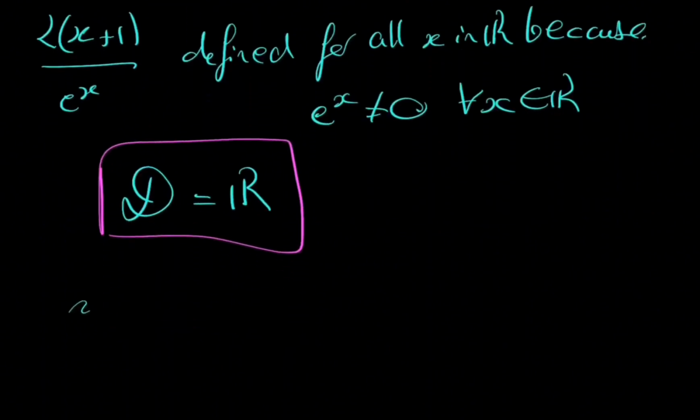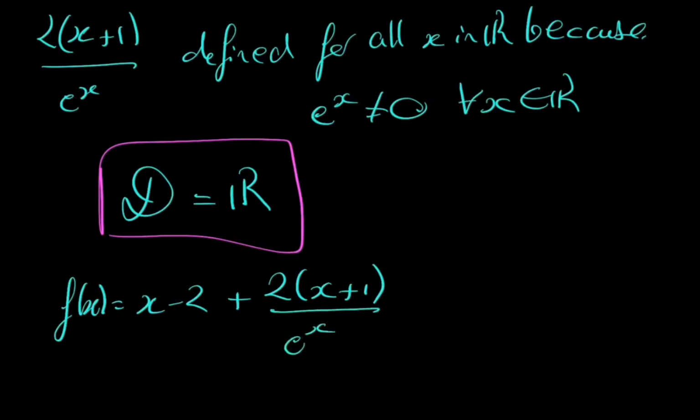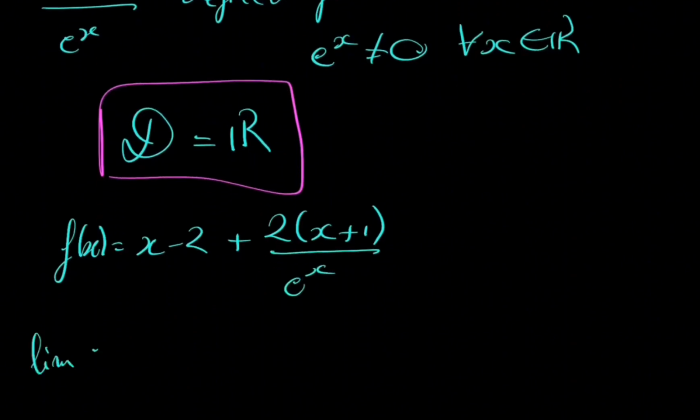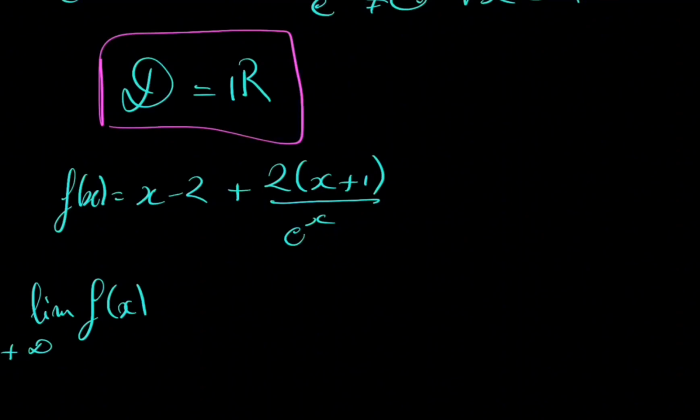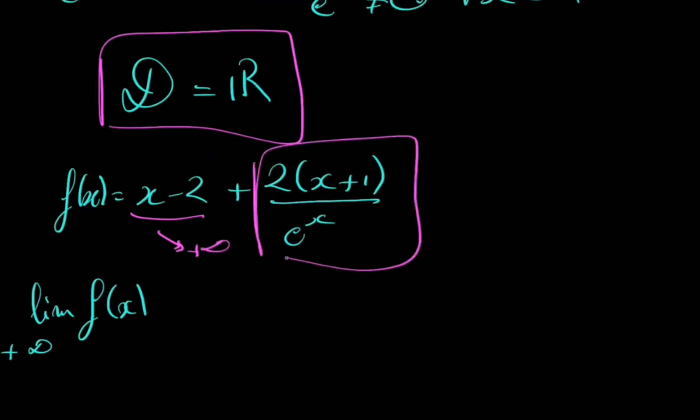Now, let's remember f of x is equal to x minus 2 plus (2x plus 1) over exponential of x. Let's find the limit of f of x in plus the infinity. Okay, so this will tend to plus the infinity, and this is equal to 2x over exponential of x plus 2 over exponential of x.